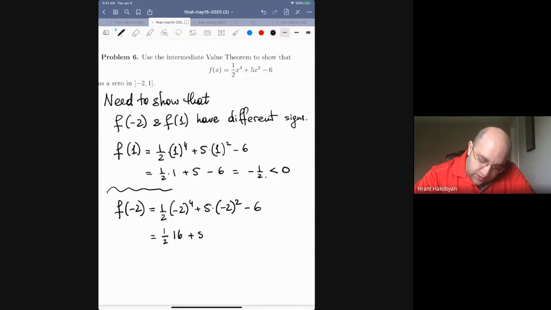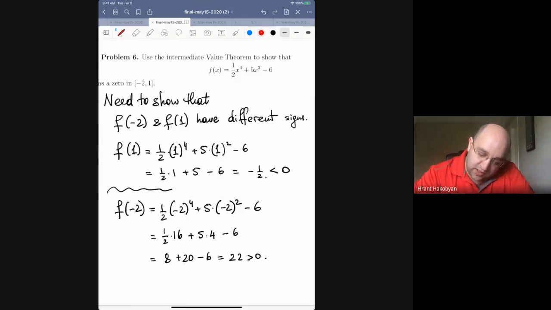Plus 5 times -2 squared, again that's the same as 2 squared, so it's going to be 4 minus 6. All these numbers are such that it's clear that you have a positive answer. So let's just do it. It's equal to 1/2 times 16 is 8 plus 20 minus 6. So the answer is 22, and that's a positive number.